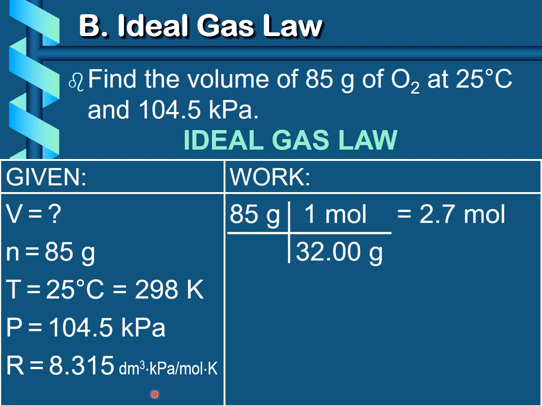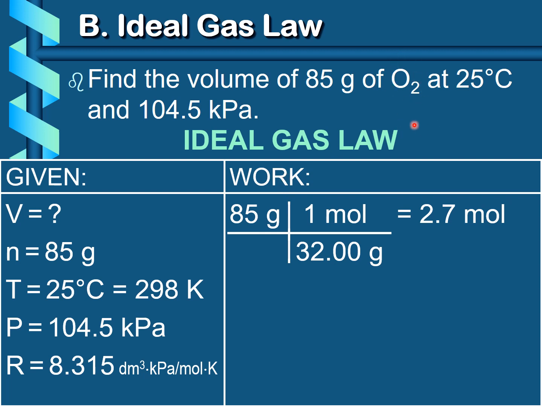Using the ideal gas law, you will see in here that the number of moles must be computed. The 85 grams is divided by the molecular weight of the gas. Oxygen is diatomic.